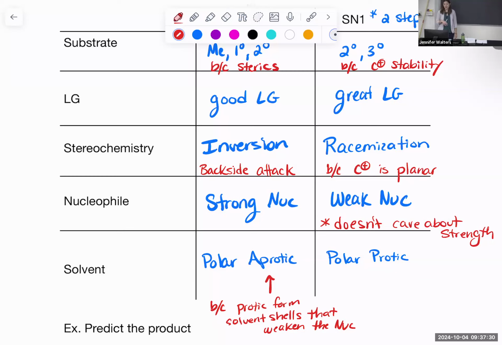And again, SN1 doesn't care about the strength of its nucleophile. It'll typically favor protic because the protic will help stabilize that carbocation a little bit.